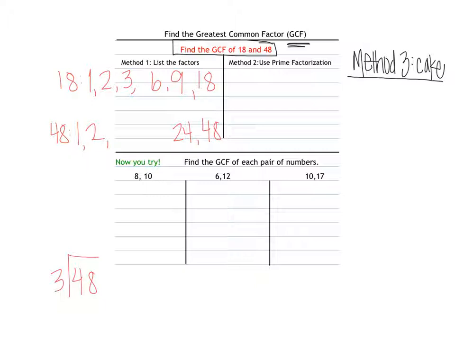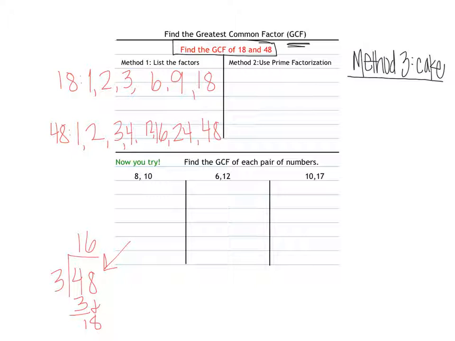Let's check it out. 3 goes into 4 1 time, 1 times 3 is 3, 1. 3 goes into 18 6 times, so 16. So 3 and 16. If you're curious if a number can go into something, do it like how I did it right here so you can check to see, because you want to make sure you get all the factors. And then I know that 4 and 12, I'm going to run out of room.